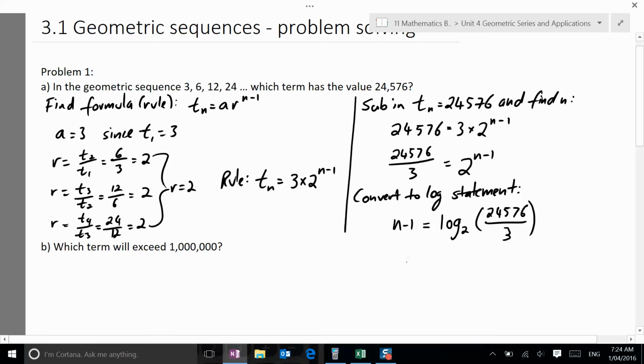So the n that I'm after will be that log statement with 1 added to it.